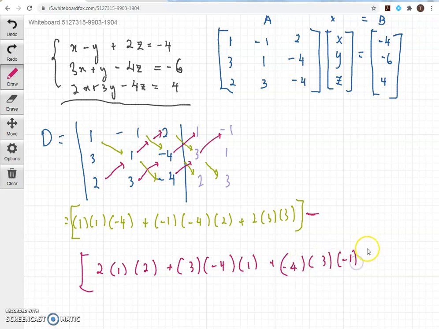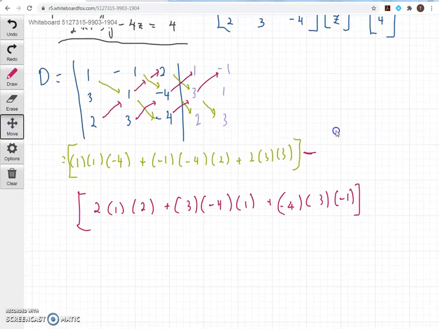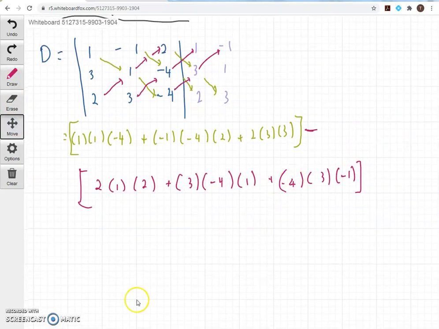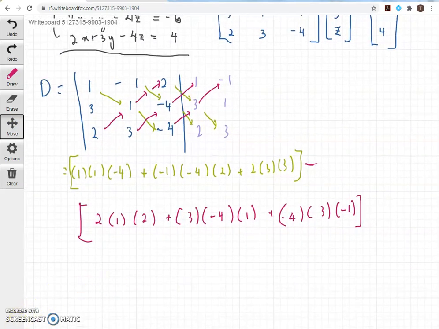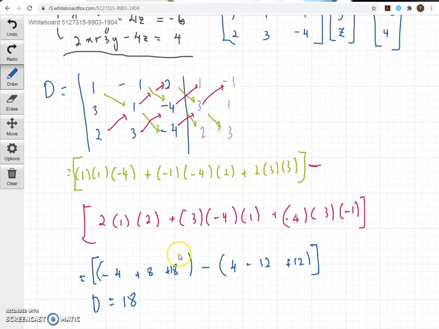Please make sure you copy it correctly, because if you have a mistake on one number, it will affect all your calculation. So please be careful. Let me check whether I have a mistake somewhere. Okay, after doing all the calculation here, I'm supposed to get my value of d is equal to 18.